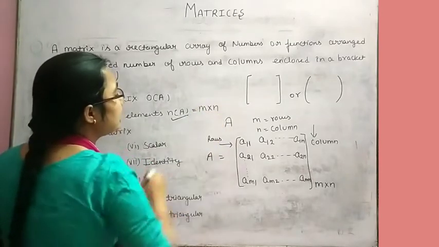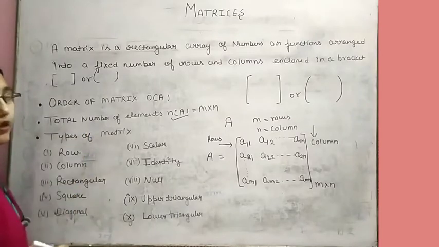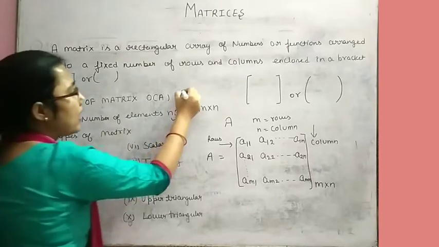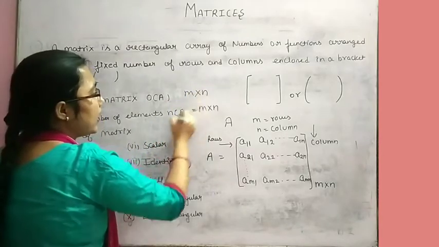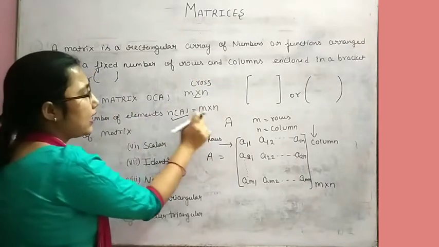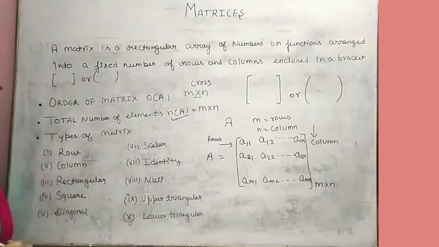So m into n is the number of elements for any matrix, and the order of a matrix is defined by m cross n. This is cross in case of order of matrix and this is into or multiply in case of total number of elements lying in the matrix.